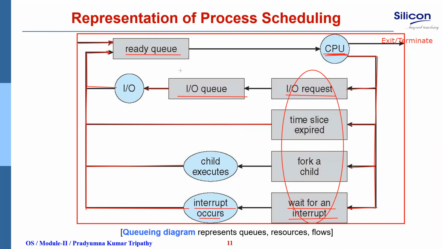When this occurs, some actions are taken, and after that it will again go to the ready queue for execution. This process is continuously carried out, and when the last instruction is encountered and successfully executed, it will go to exit or terminate.